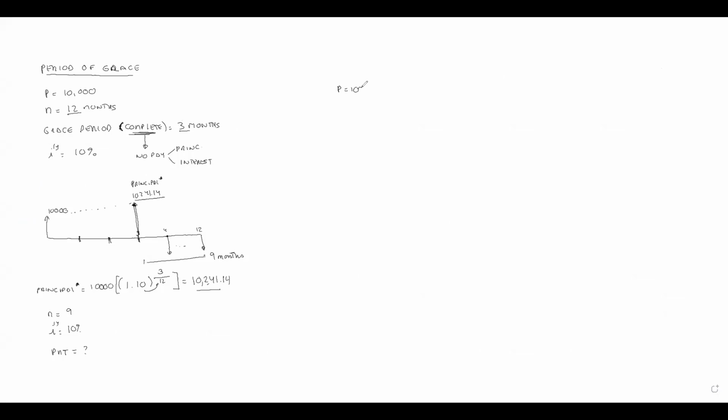We have $10,000 again. We have 12 months. And then I have my grace period. It's called partial. Also 3 months. So what is the idea of partial, guys? You only pay interest.